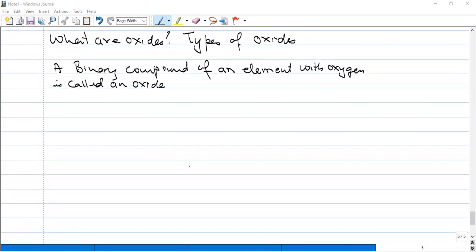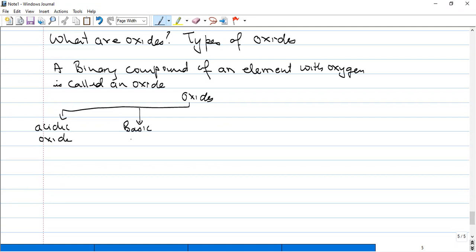Oxides are of four types. Acidic oxide, basic oxide, amphoteric oxide, and fourth one, neutral oxide.